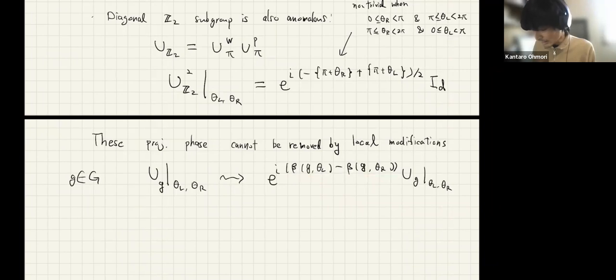If I allow modifying by this factor, then everything is gone, obviously. Sorry, I said something wrong. You can do this, but then you lose the periodicity for the other part.